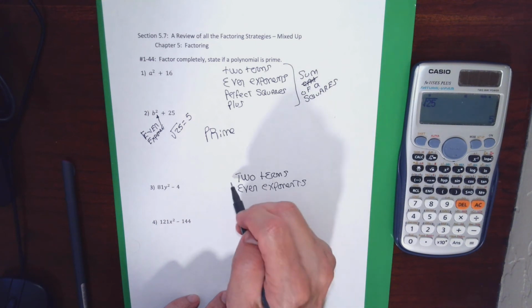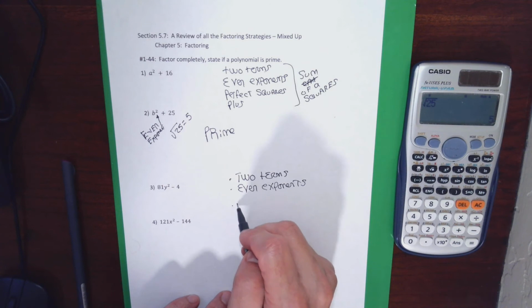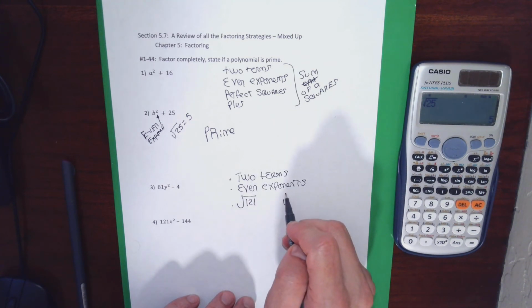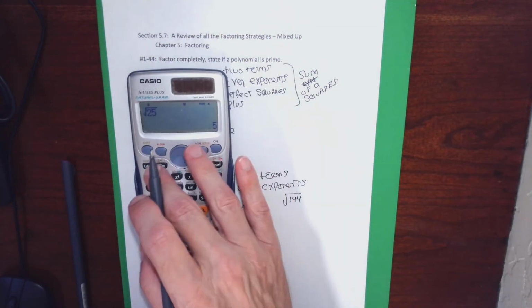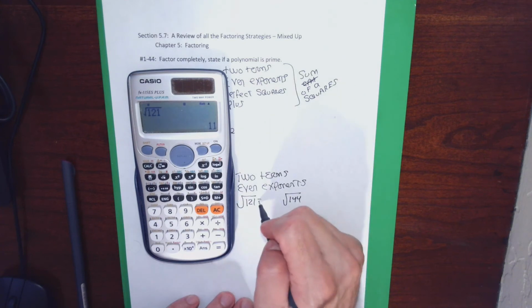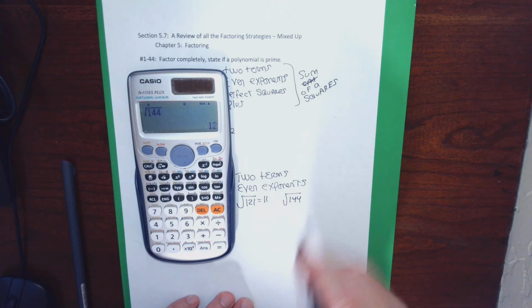So in this world, I see 2 terms. I see even exponents. And let me see if the numbers are perfect squares by trying to square root them. If each of the numbers, the coefficient as well as the constant, are square rootable and they turn into lovely integers, then those numbers are considered perfect squares.